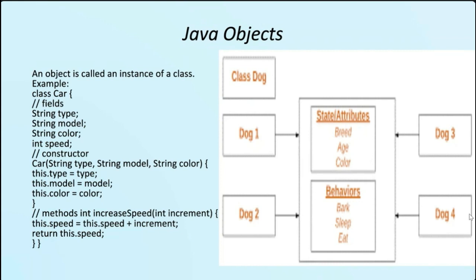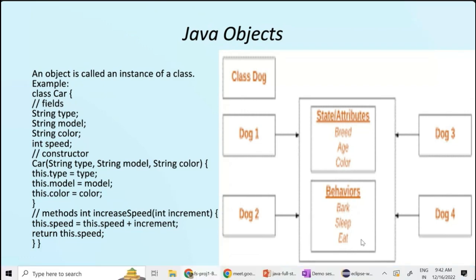In the class, we have a class dog here. What do you think, how many objects? Yeah, very good, someone answered. Four objects. That is dog 1, dog 2, dog 3, and dog 4. And what are the common properties of all these four objects? Breed, age, color, and the behavior is bark, sleep, eat.